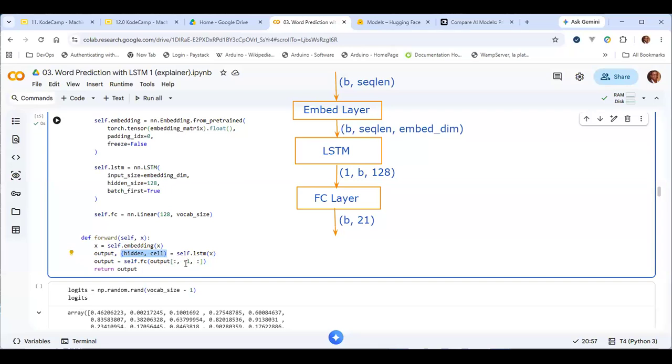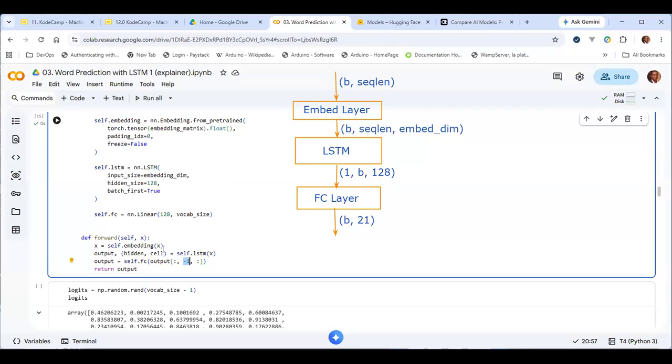You're basically taking this output, which corresponds to the embedding dimension, the second one. Remember I said it is like 1, B, 128, that's the shape.